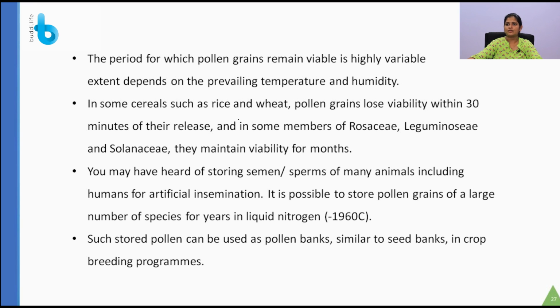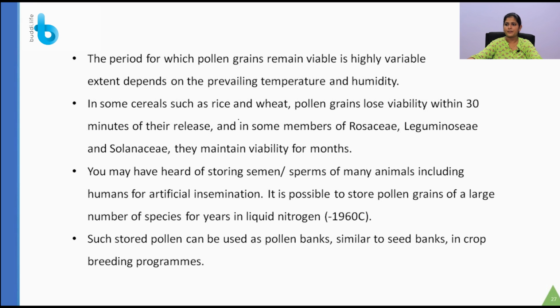The period for which pollen grains remain viable is highly variable. Some will live for many long years, whereas some live only for a short period. In some cereals such as rice and wheat, pollen grains lose viability within 30 minutes of their release. They only live for 30 minutes, and in some members they remain viable even for months.